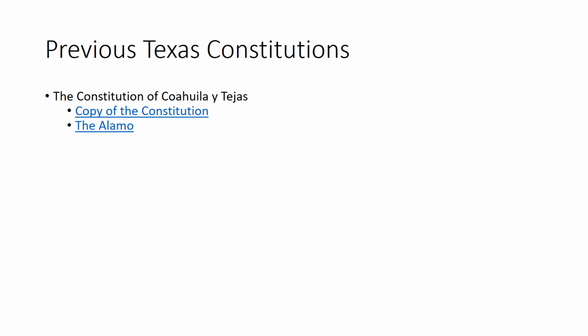There are a couple of other ideas which came from being a part and governed under the Mexican Constitution. The first idea was that of a homestead exemption from bankruptcy. Remember, Texas was a big state and not very well populated at this time.